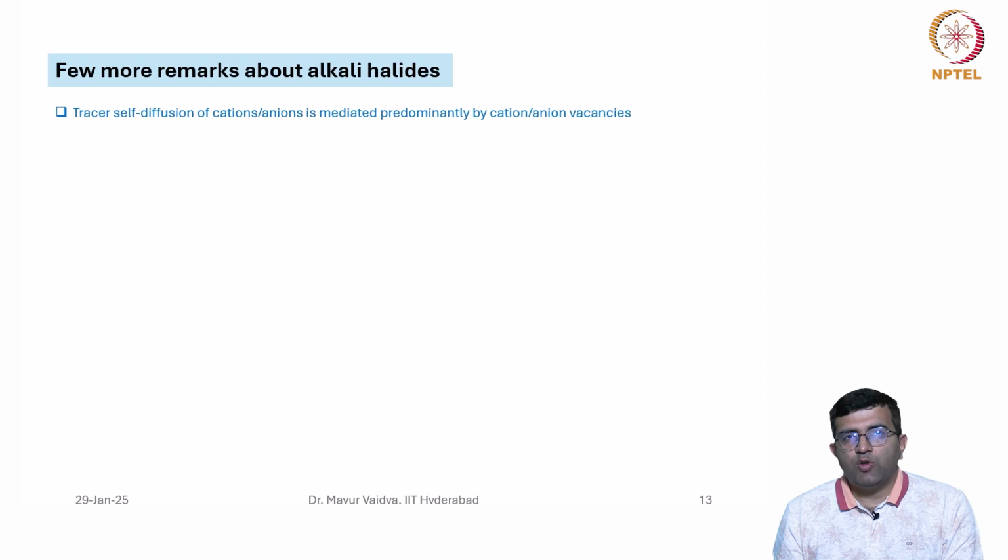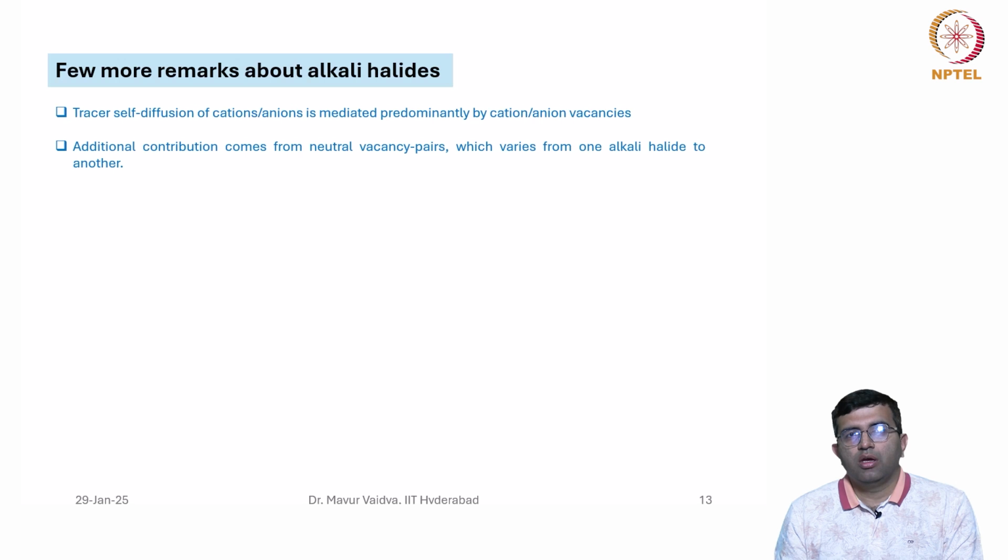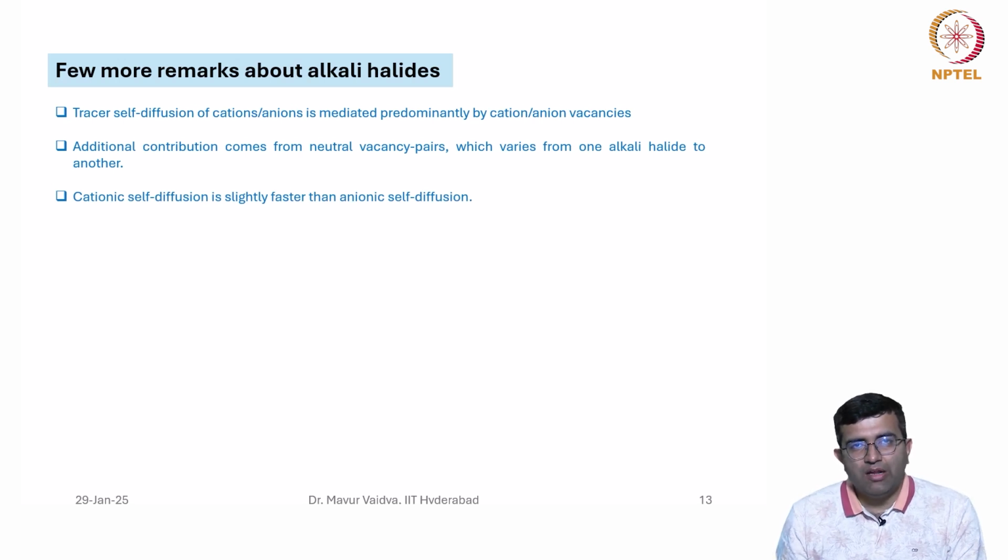The self diffusion in these alkali halides is predominantly mediated by the vacancies. The additional contribution can also come from the neutral vacancy pairs. The extent of this contribution can vary from one alkali halide to another. We already indicated that the cationic self diffusion is slightly faster.